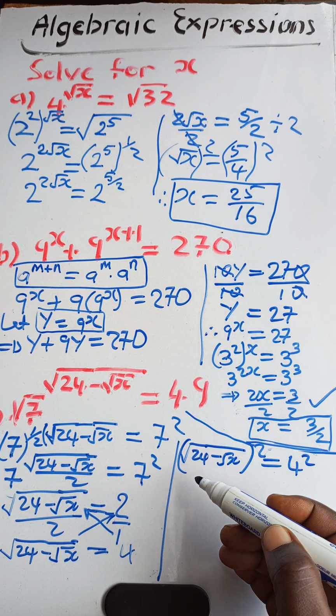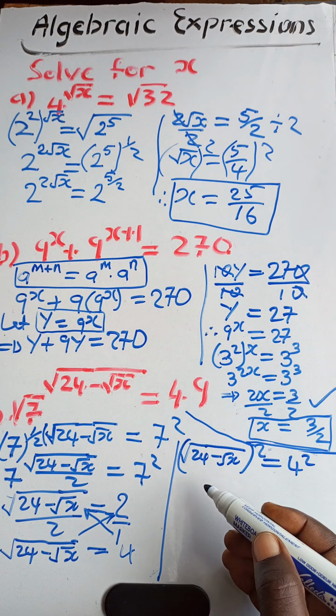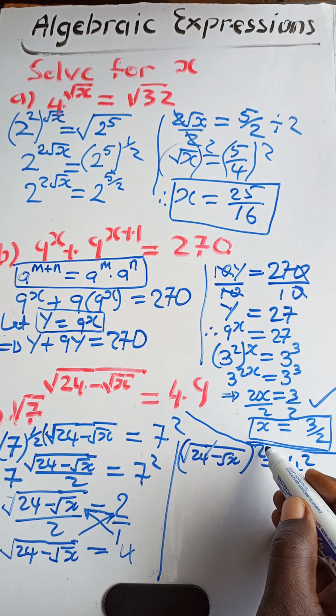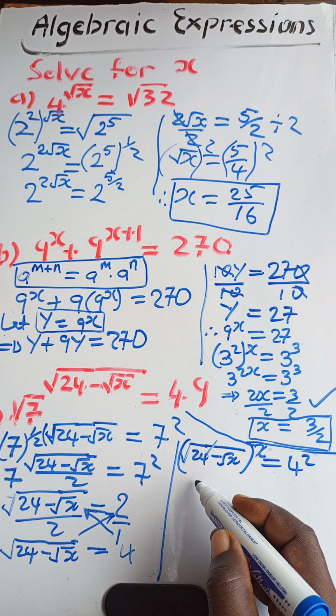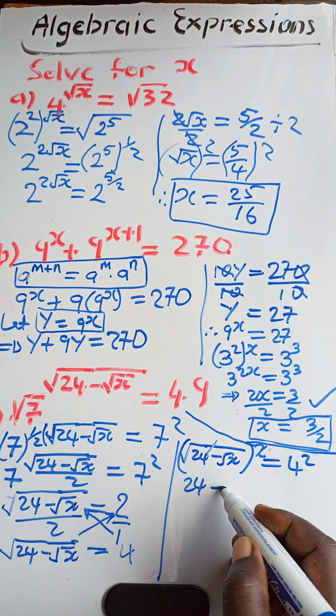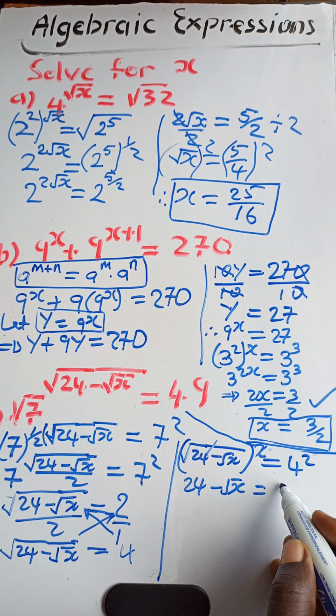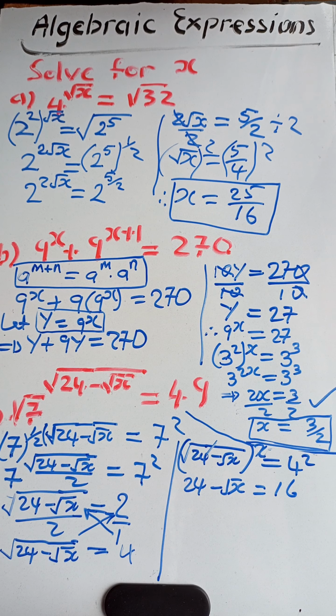All right, so we have squared the left hand side and we square the right hand side. This square will just cancel the square root sign, and so we are left with 24 minus root x is equal to 16.